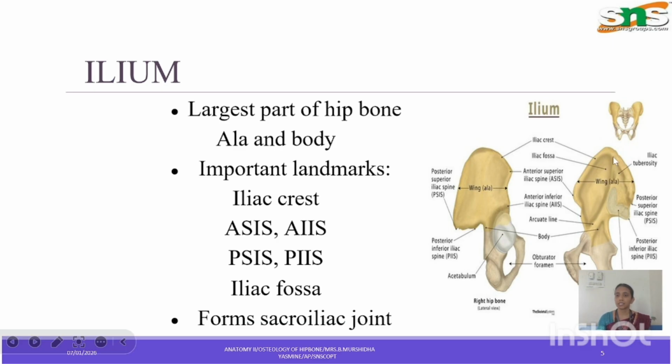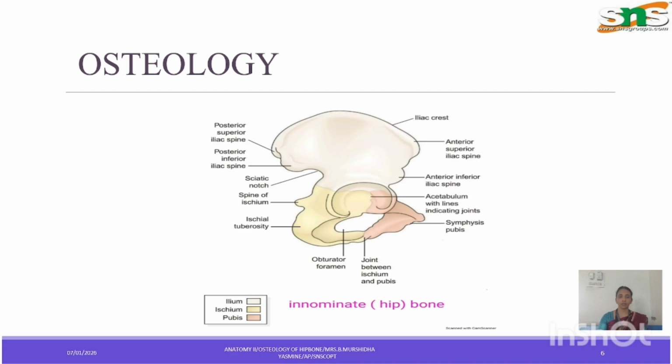There is an iliac fossa here, and the articulating surface forms the sacroiliac joint, the articulation between the sacrum and the ilium. This is how the sacrum is attached with the two hip bones and forms the sacroiliac joint.